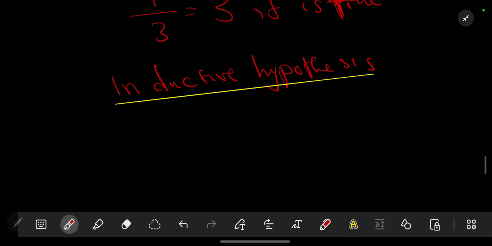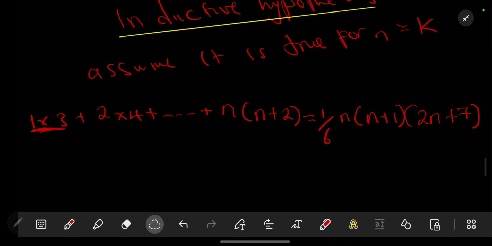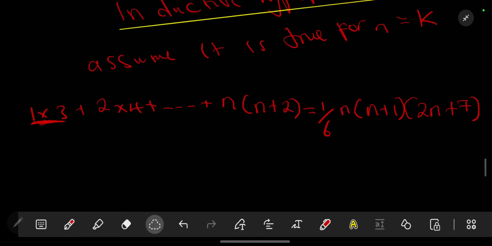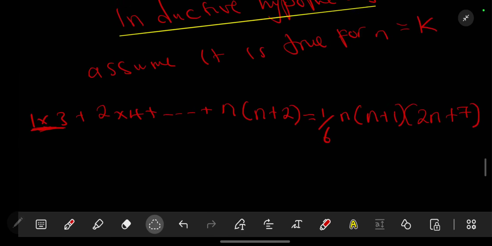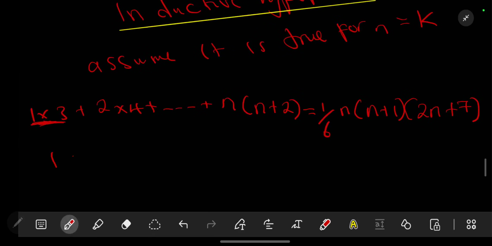So under the inductive hypothesis, you are going to assume that it is true for n is equal to k. If that's the case, we are letting our n be equal to k. So we are going to have 1 times 3 plus 2 times 4 plus dots plus, where there is n, we are going to put k.